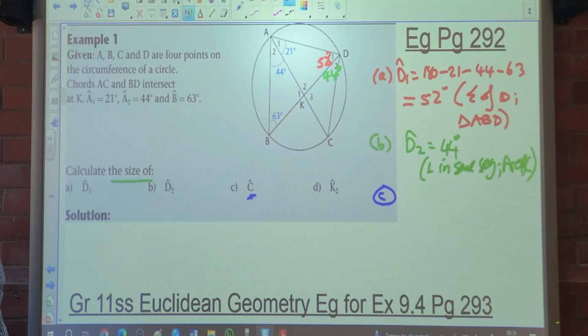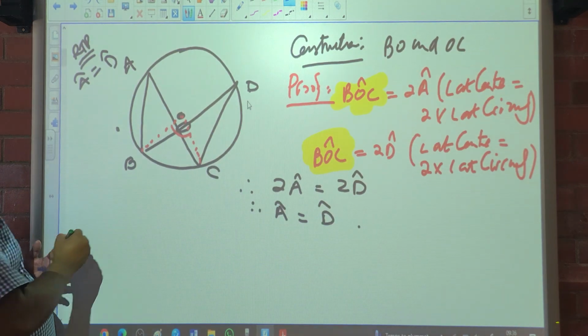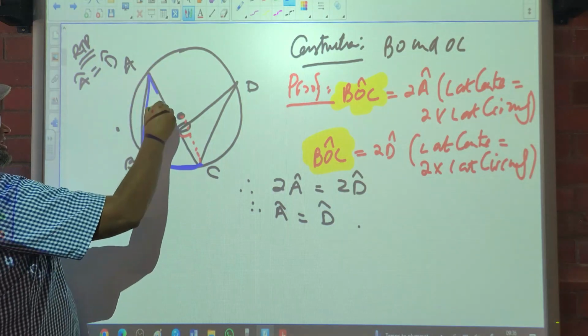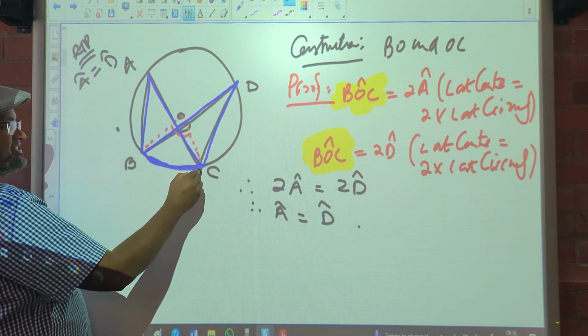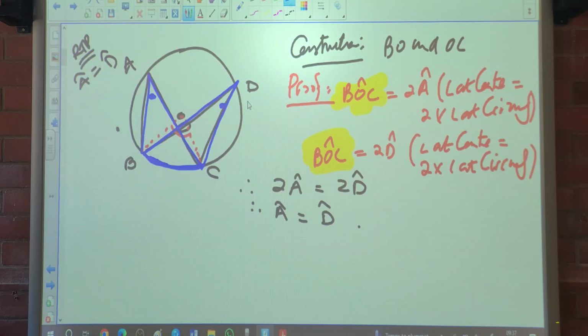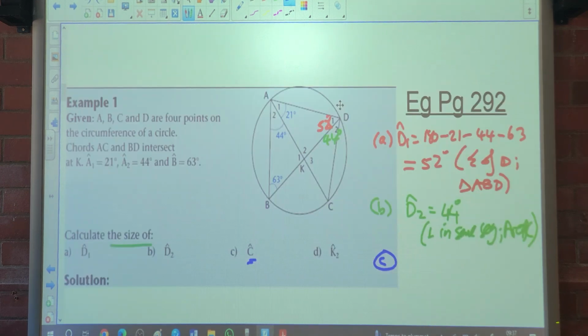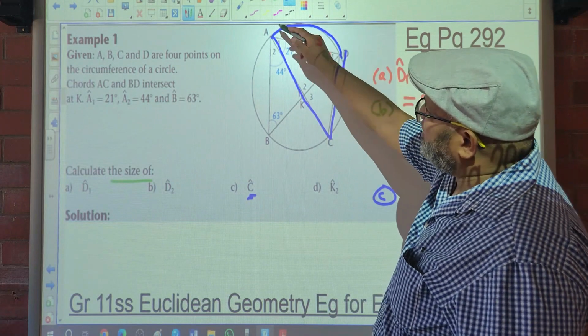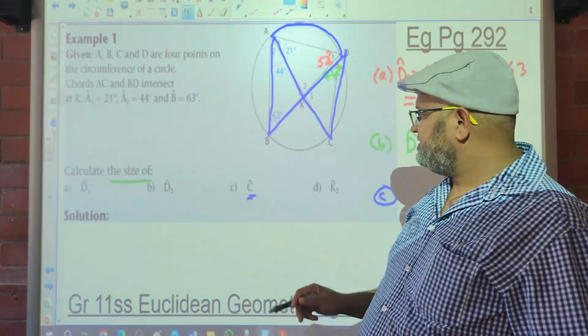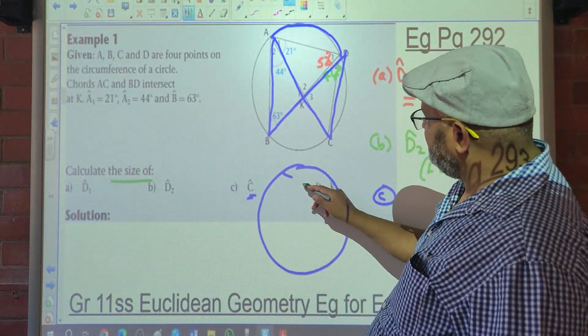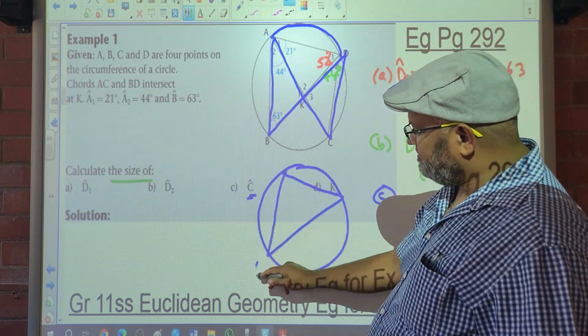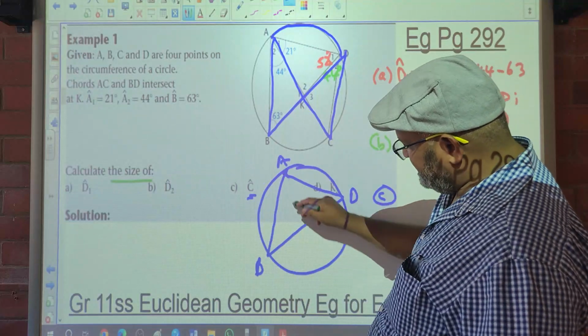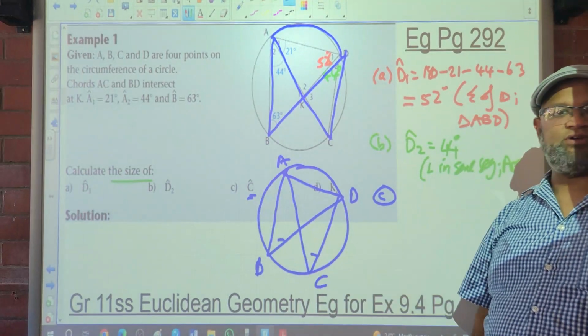Remember, we just proved the theorem that if an arc subtends an angle at the circumference, the same arc subtends the equal angle at the circumference. So this arc AD is subtending angle C and the same arc is subtending angle B, so angle B has to be equal to angle C. You understand?